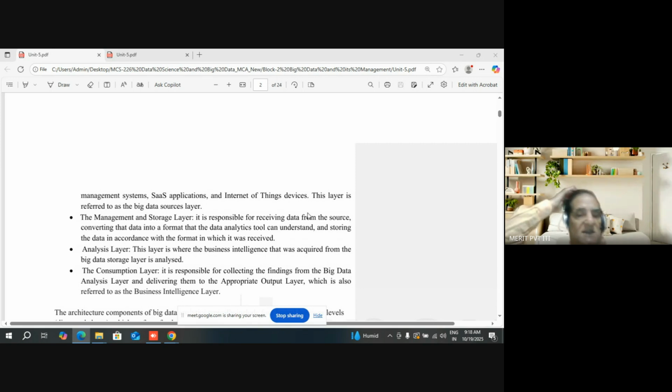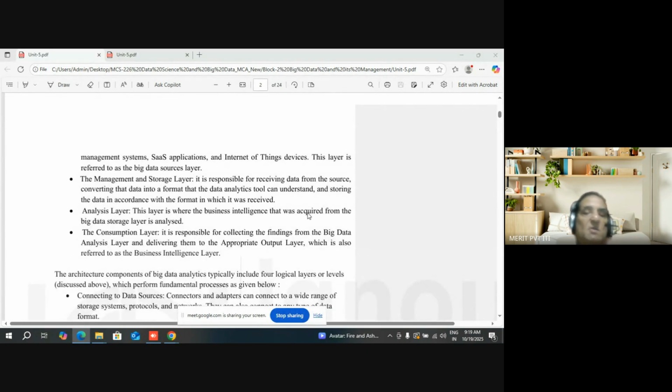Analysis layer: this layer is where the business intelligence that was acquired from the big data storage layer is analyzed. So you need to analyze the big data so that you are able to get the final results which are important for your decision making. The consumption layer is responsible for collecting the findings from the big data analysis layer and delivering them to the appropriate output layer, which is also referred to as the business intelligence layer.